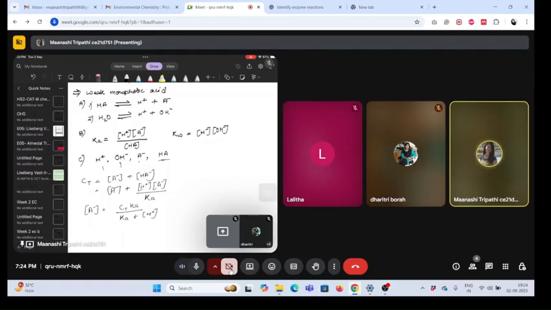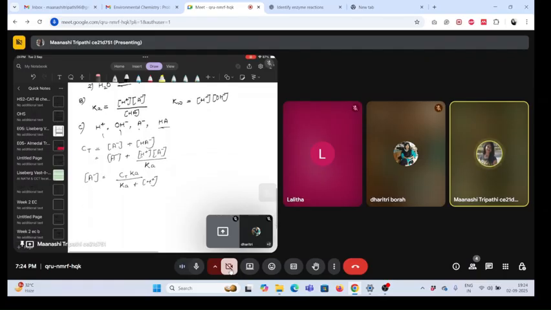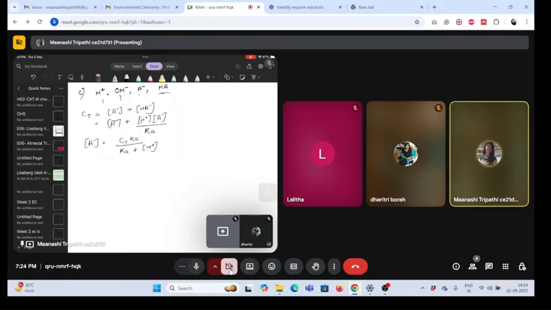So what's going to happen when we plot in terms of log? Taking log both the sides, it will be log A negative is equal to log Ct plus log Ka minus log of Ka plus H plus.